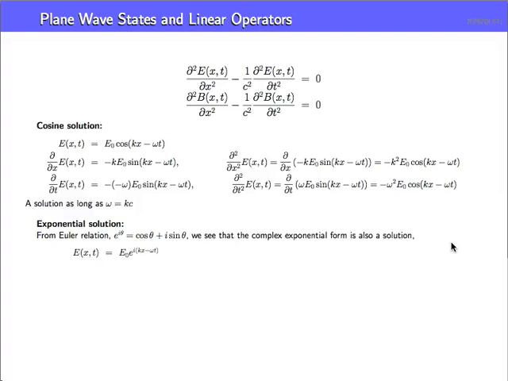You can use a complex exponential like this, but at the end of the day, when you want to find the functional form, you take the real part of it. That's just by taking the function, adding it to its complex conjugate, where all you do is take i to minus i, and divide by 2. That gives you the real part of that function, and that is your actual answer.